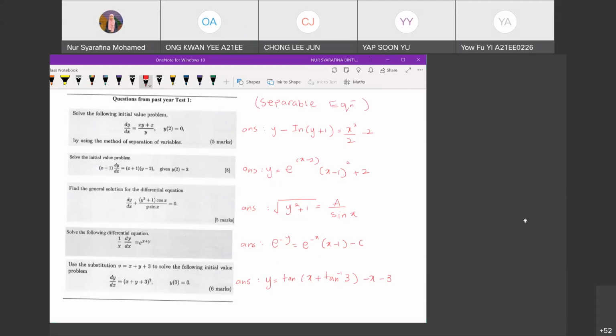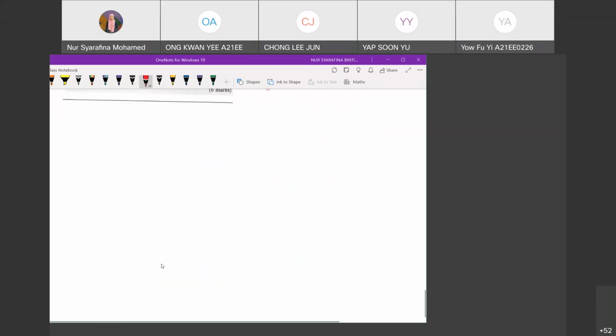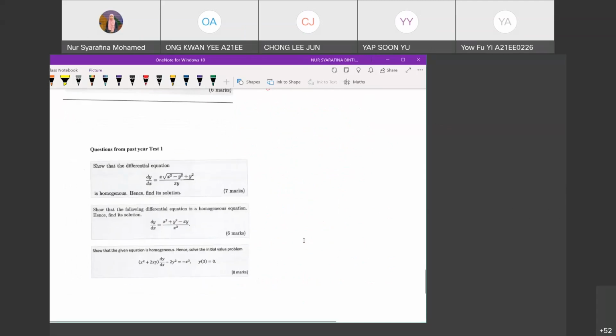Okay, and then for homogeneous, you can again refer this slide through the recording. I will attach the link of recording in the e-learning.